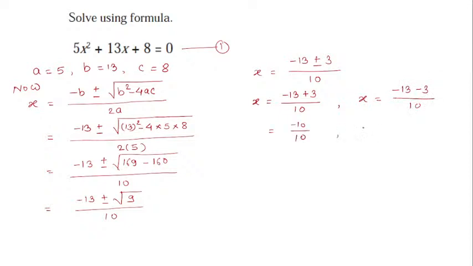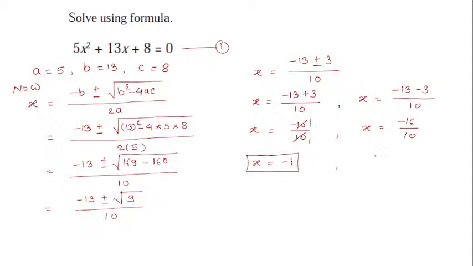For the second value, minus 13 minus 3, that's minus 16 divided by 10, that is equal to x. So here 10 will get cancelled so as to have the value of x as minus 1. So this is one of the roots of the equation, that is x is equal to minus 1.